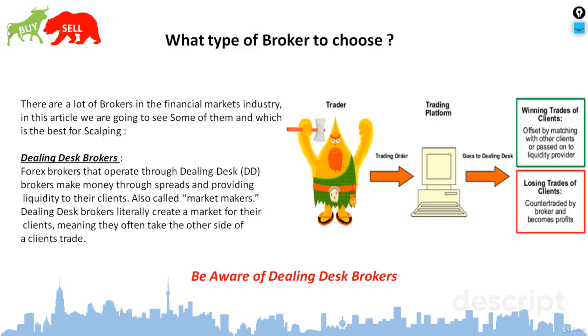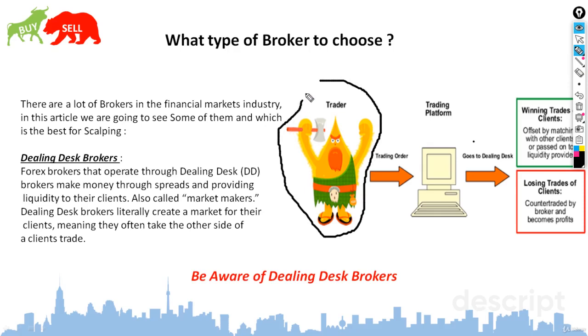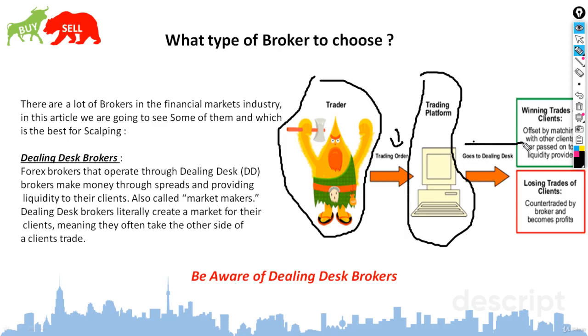As we see in this illustration, we have here a trader. The trader places a trading order in the trading platform of a broker. The order goes directly to the dealing desk.